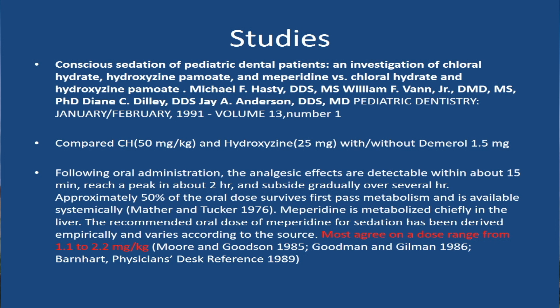And most agree on a dosage range from 1.1 to 2.2 milligrams per kilo. Moore and Goodson in 1985, Goodman and Gilman in 1986 and 89 have agreed with this dosage level. So this is something we need to be cognizant of and make sure that the patient is receiving the proper dosage for themselves.